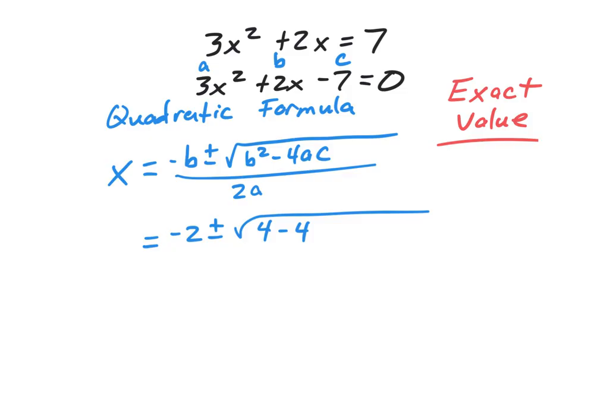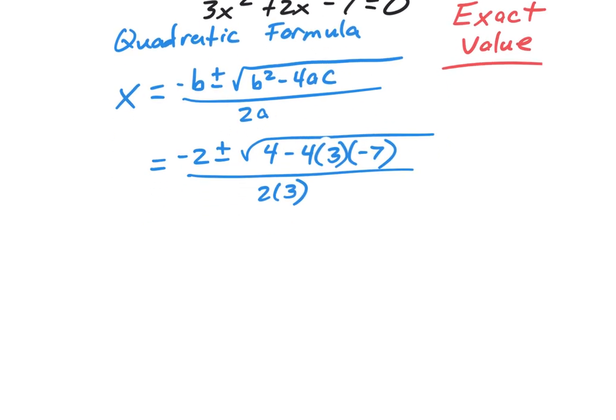And then a is 3. And c is negative 7. All over 2 times a. Okay. So the first thing we do is input all of our numbers into the formula. And now we're going to go about simplifying this.